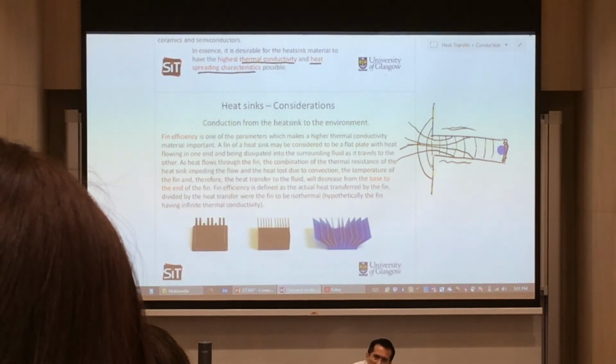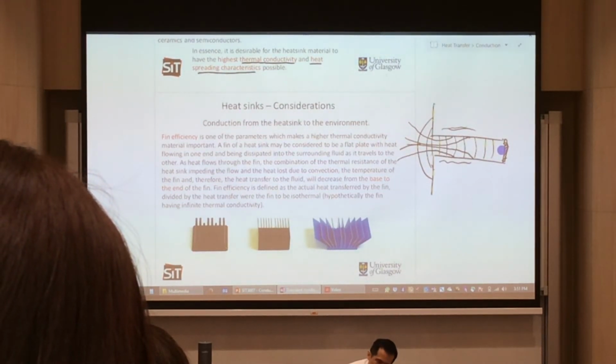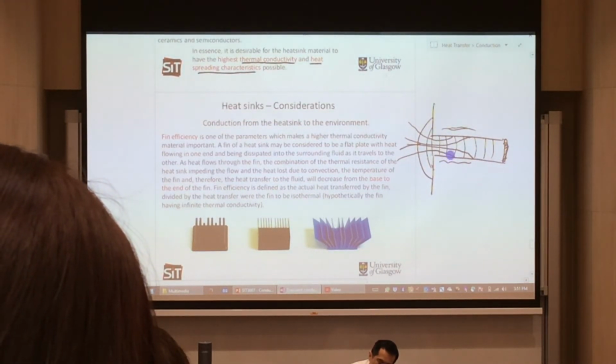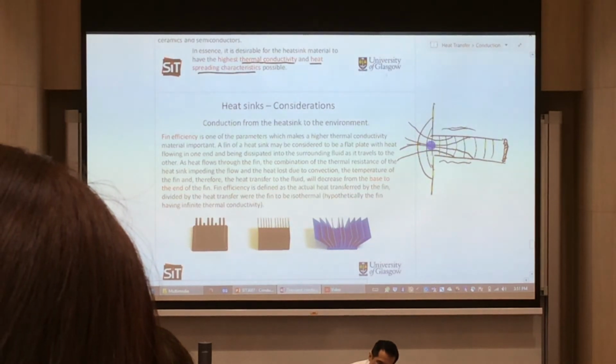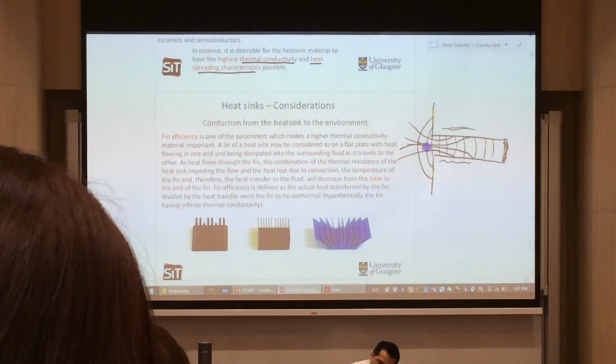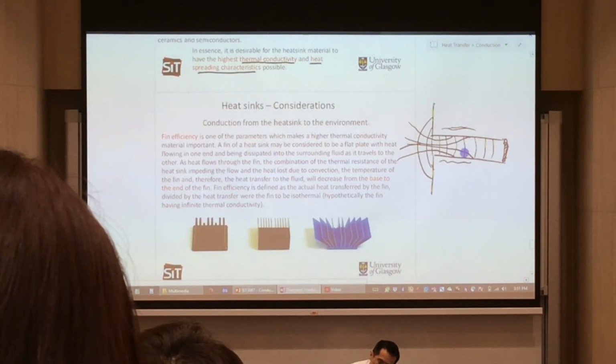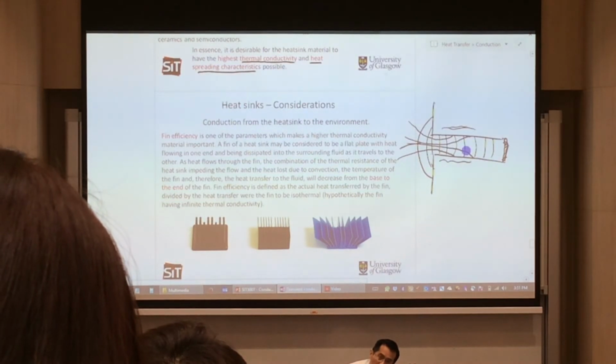Why would that be ideal? That's because now I'm able to cool down this surface on the left-hand side using a cooling fin that can really achieve the same temperature as the root throughout the entire cooling fin. This is ideal. The one that I sketched over here is the practical case.